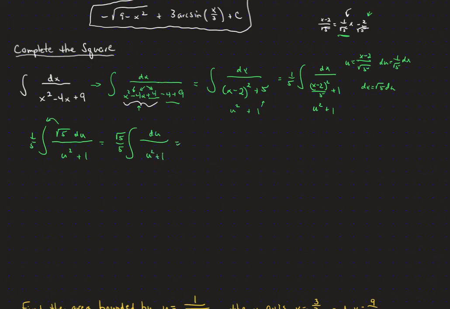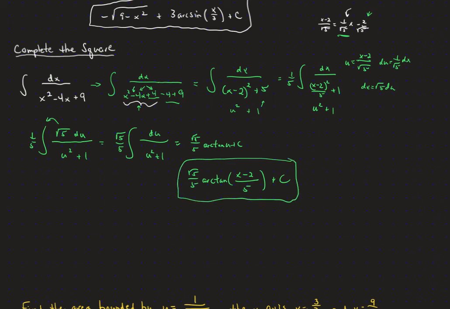That's the integral we want because that's going to be our arctangent of u. So that's going to be the square root of 5 over 5 arctangent of our u, which we said was that crazy x minus 2 all over the square root of 5, plus c. Wow. There's a few steps to that one. Let's try another one.